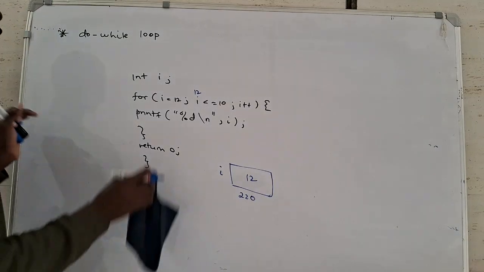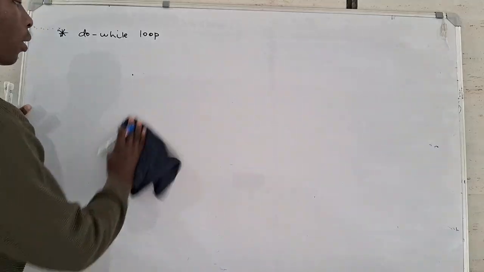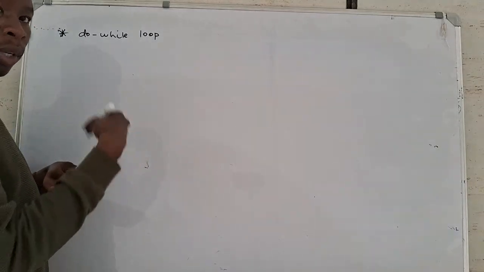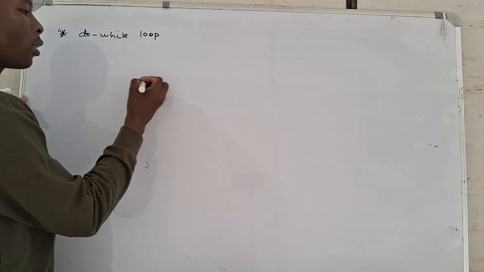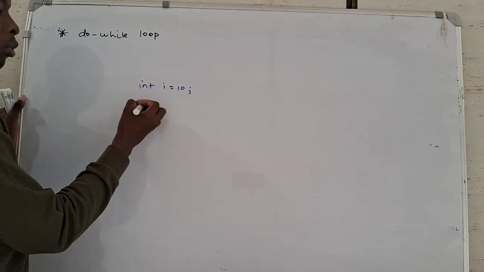Let's check in the case of a while loop. For the while loop we are also supposed to initialize first. Suppose int i is equal to 10.